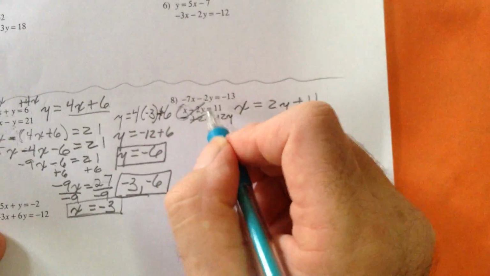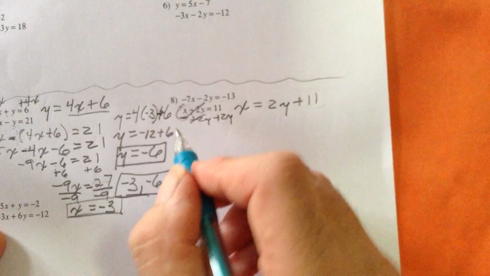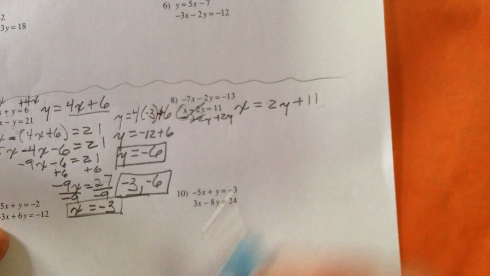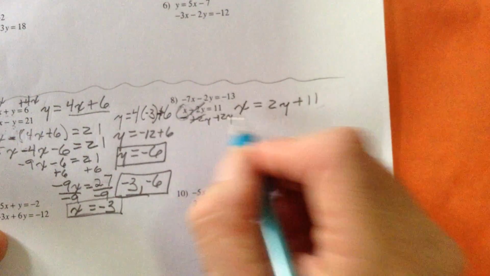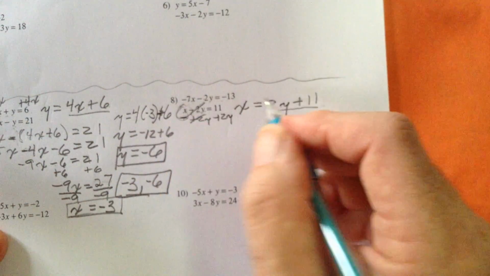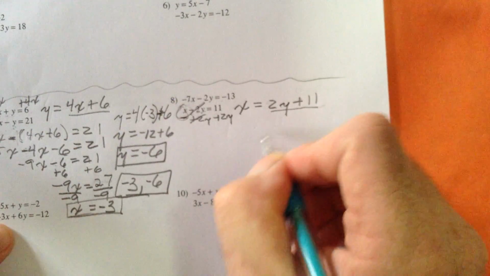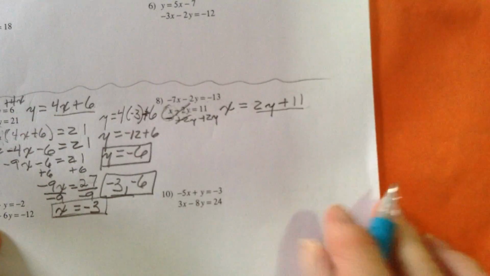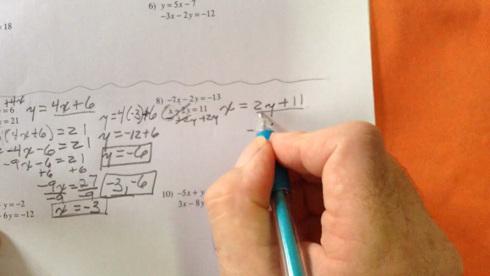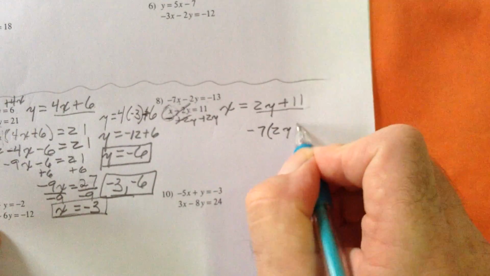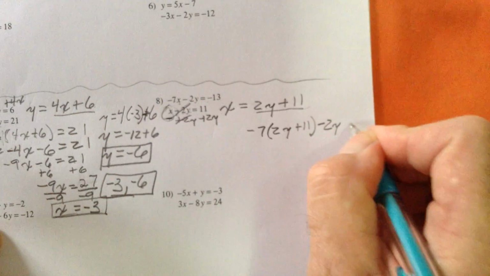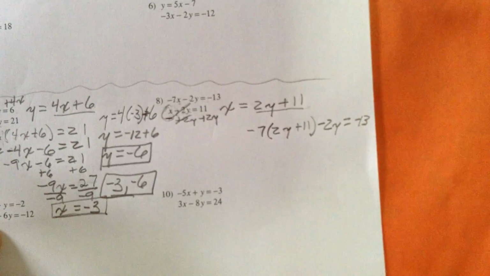So you don't always have to do the y; you can also isolate for the x and substitute for the x. So if x is 2y plus 11, up here with number 8, I'm going to go to the side where I have more room. I can go negative 7 times the x, which is now 2y plus 11, minus 2y equals negative 13.